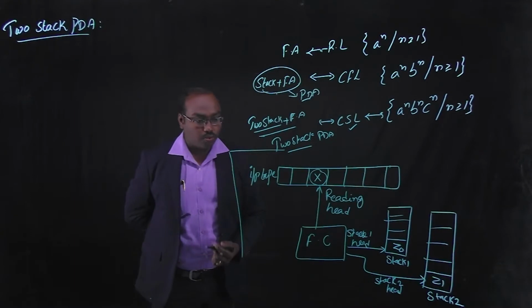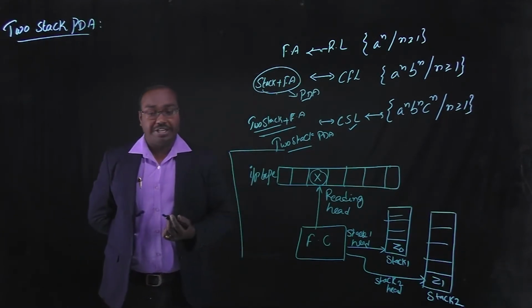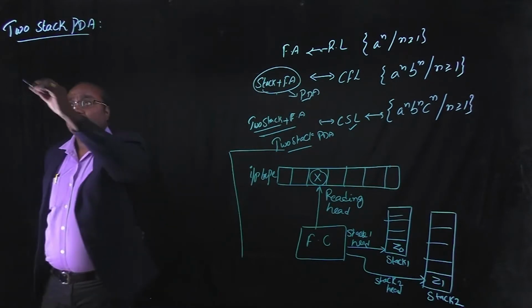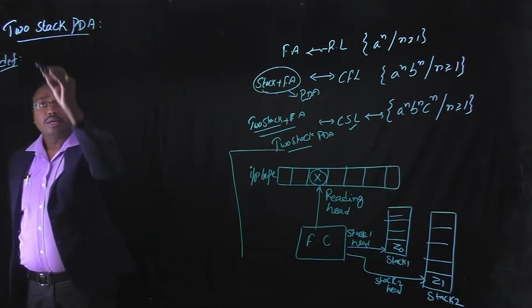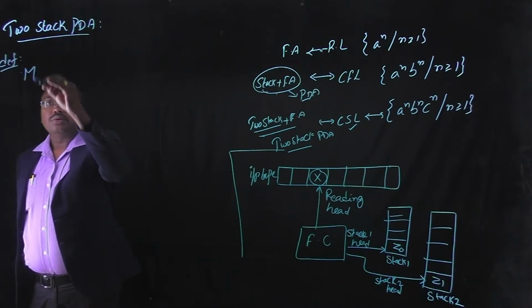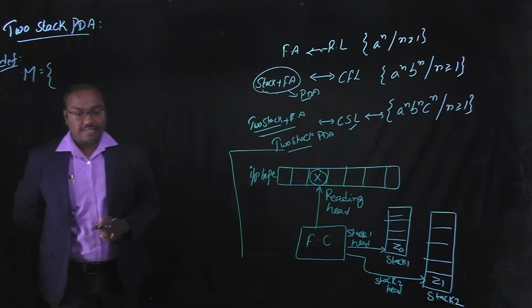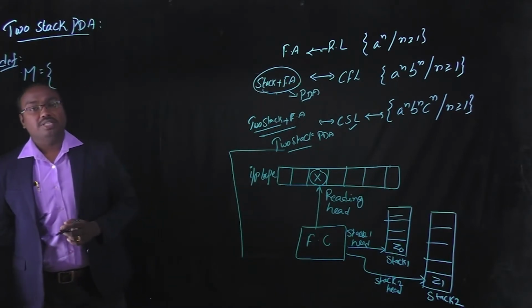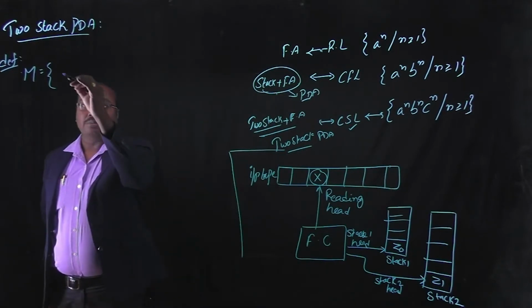Then what are the tuples for this two-stack PDA? Here is the definition. A normal PDA has 7 tuples, but this two-stack PDA has 9 tuples. What are these 9 tuples?